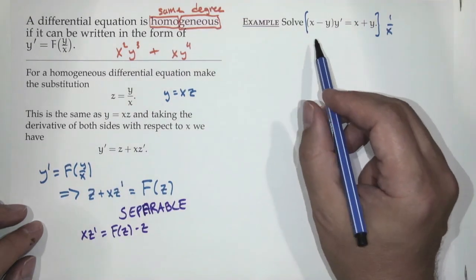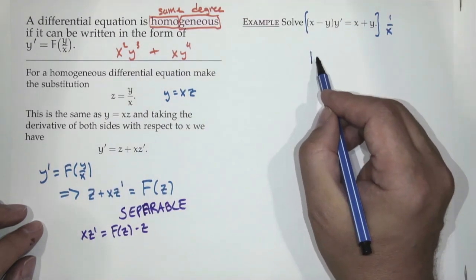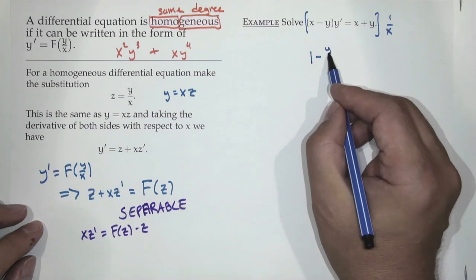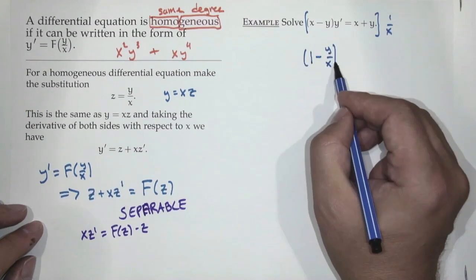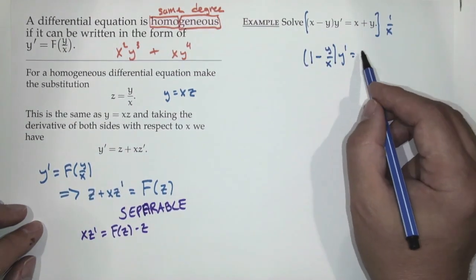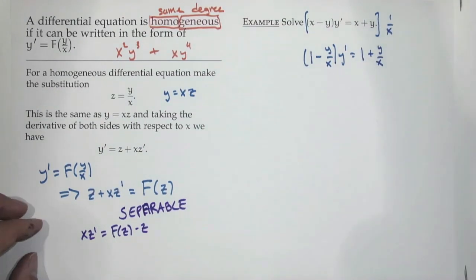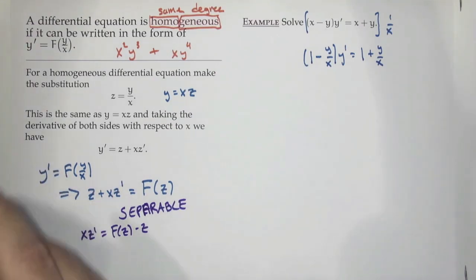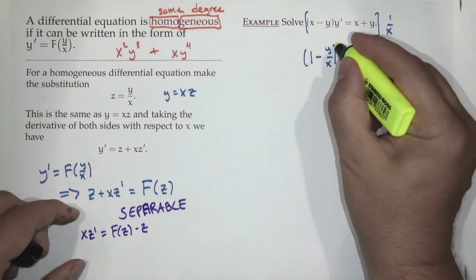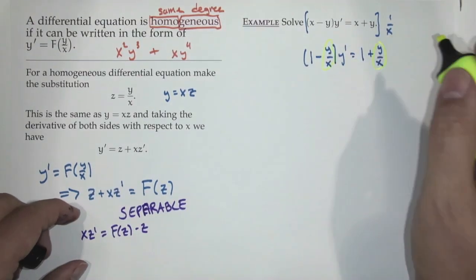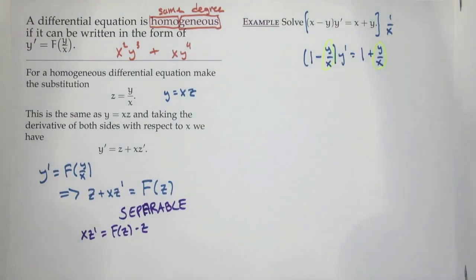So x times 1 over x, 1. Y times 1 over x, y over x. Y prime equals 1 plus y over x. Okay, so now we say, haha, everything where we have our variables shows up in this nice way. So that will be our substitution to make.